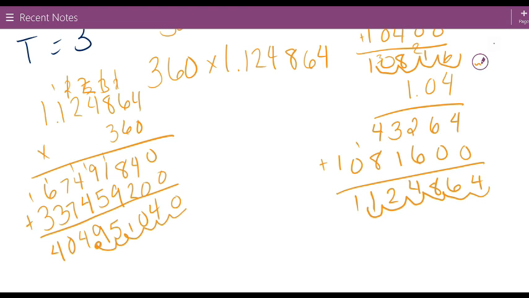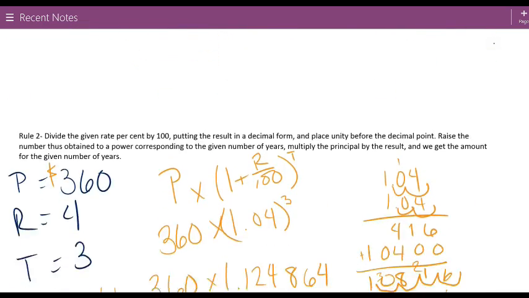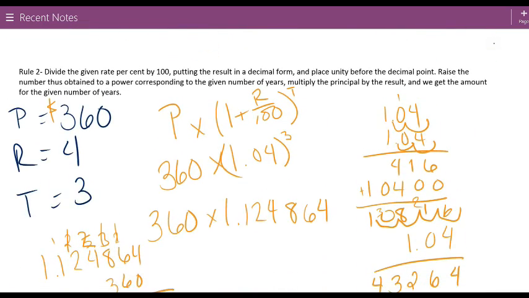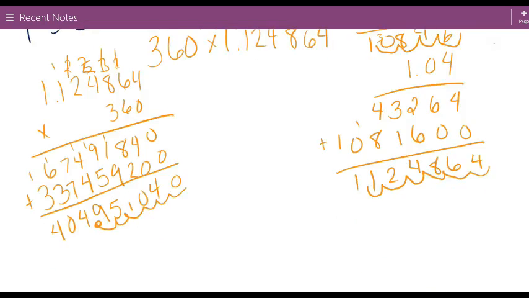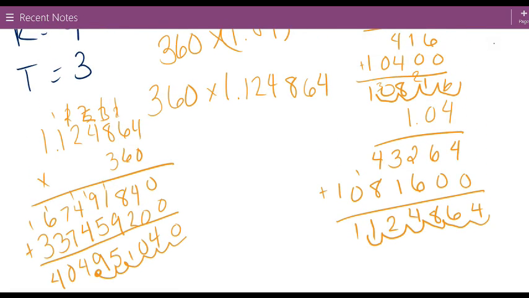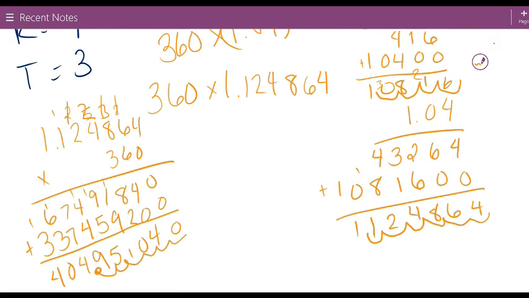Okay, so multiply by the principal to get the result, and then we get the amount for the given number of years. So in 3 years with compound interest of 4%, instead of paying back the $360, you would end up paying back $404.95.